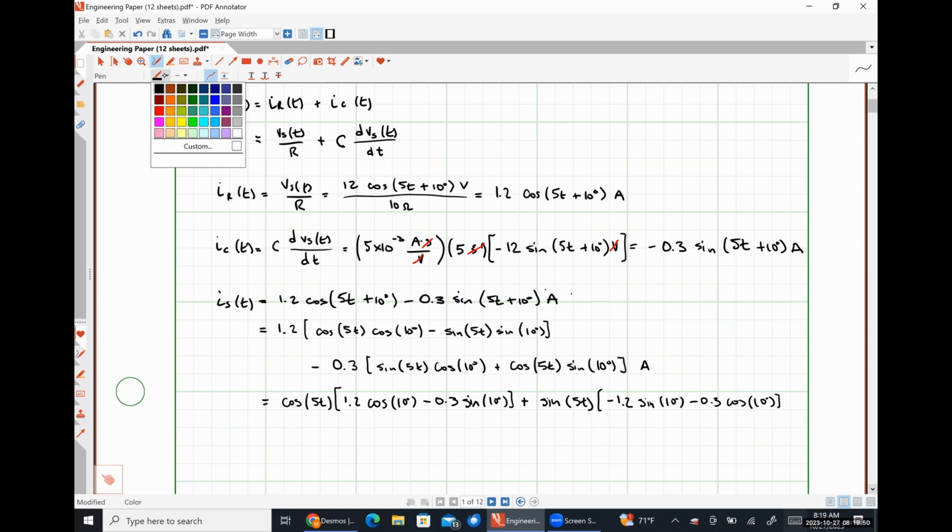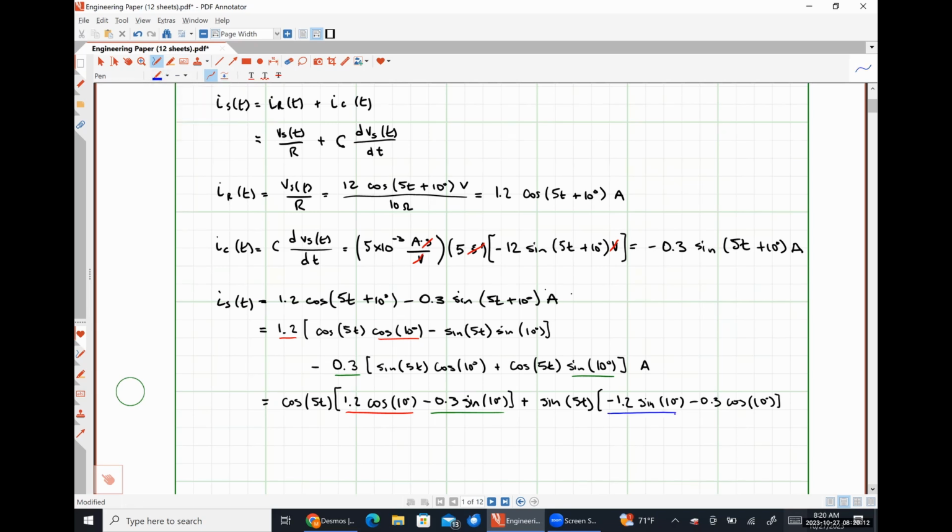This 1.2 cosine 10 degrees is coming from this part and this part. This negative 0.3 sine 10 degrees is coming from this part and this part.